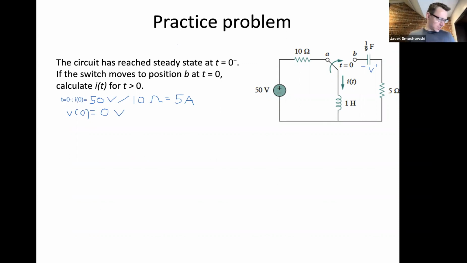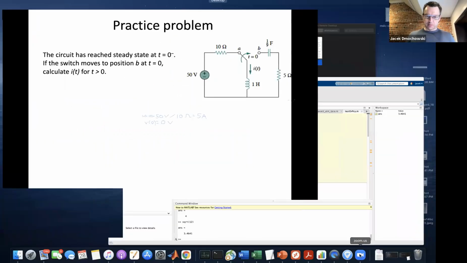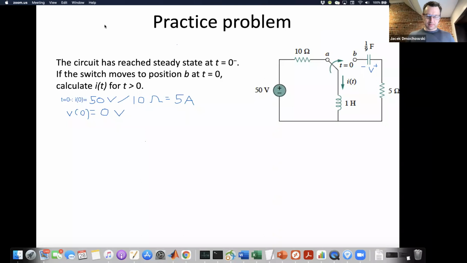Let's see. And let's get my cursor back, and let's actually use this. We're going to have that I prime of 0.